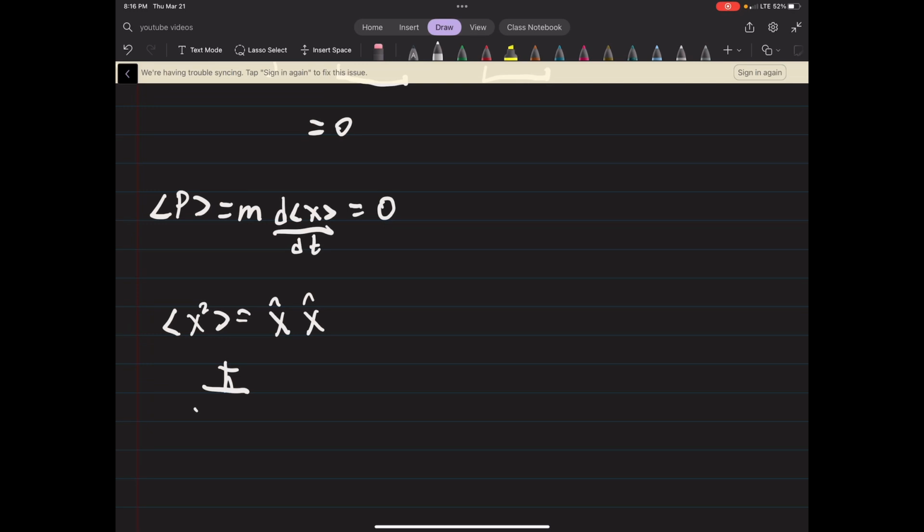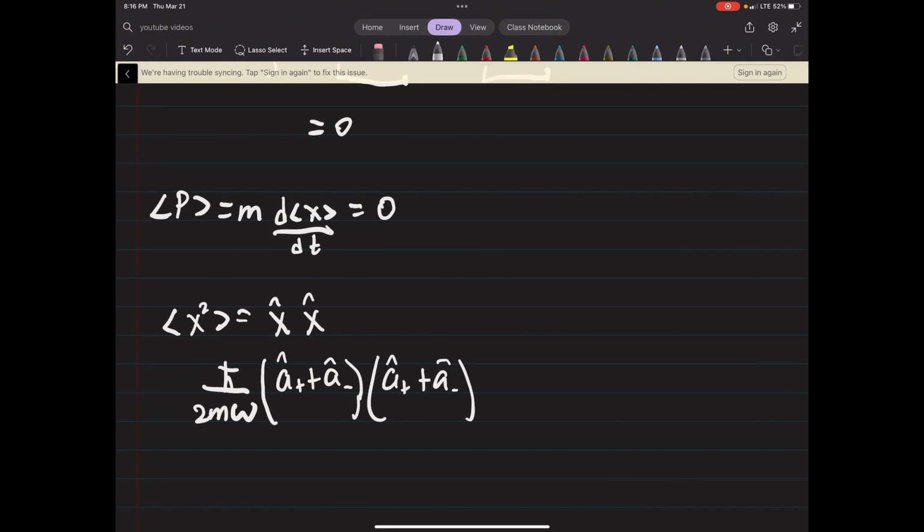So h bar over 2m omega, no longer square root, times the exact same thing, and then you'd have this operate accordingly.